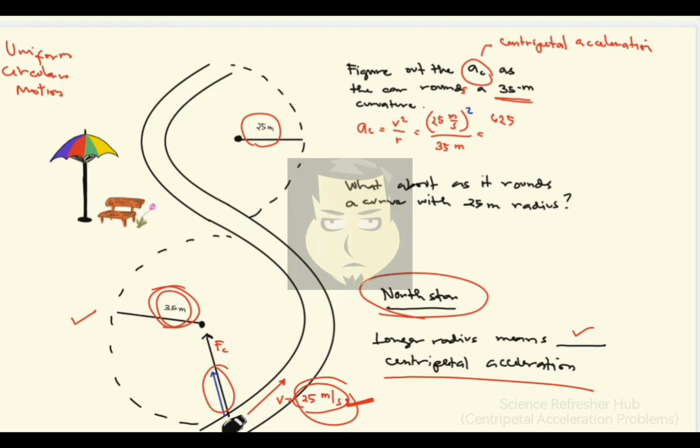What are we going to do with the unit meter per second? We will still do the same thing. Meter times meter, that's meter squared. Meter squared over second times second, it's second squared. So in the numerator, it's 625 meter squared second squared.